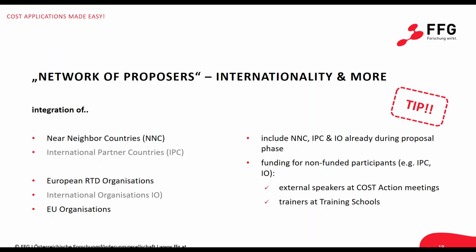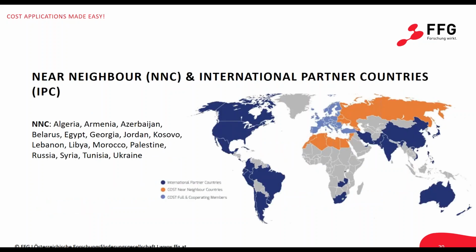For example, when you have external speakers at COST Action meetings, at workshops, or a trainer at a training school, you can invite people also from an international partner country, and they receive funding for their travel costs. And if you then combine your workshop with a Management Committee meeting, for example, on the next day, they would only have to pay for one hotel night or so, and they could participate the next day. So these are ways on how to involve partners from actually non-funded countries.